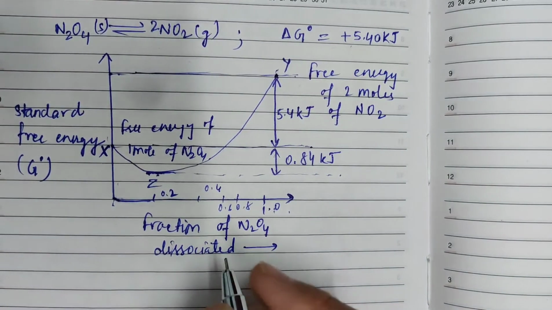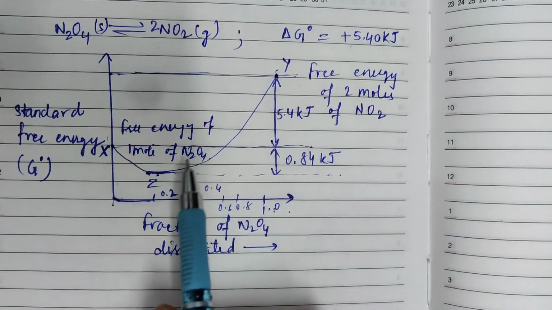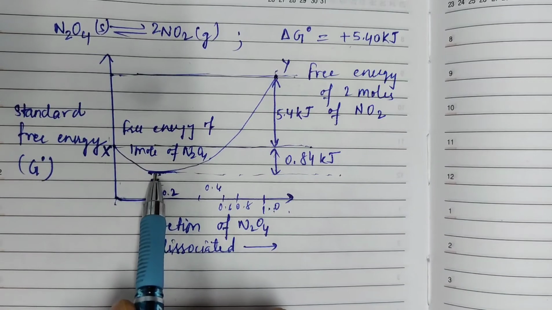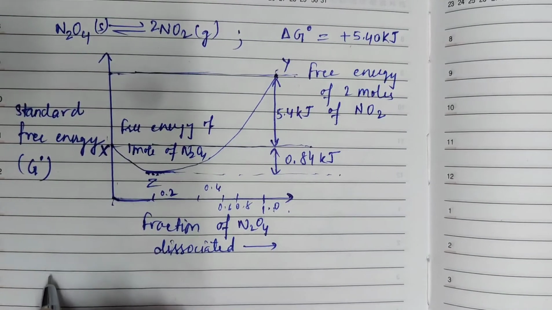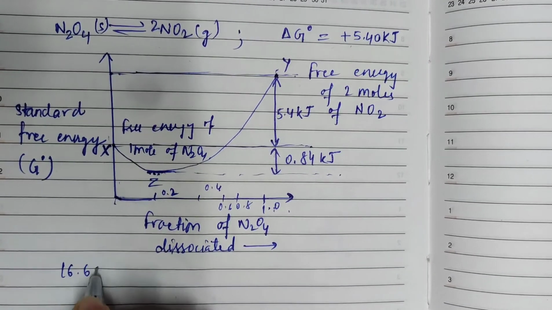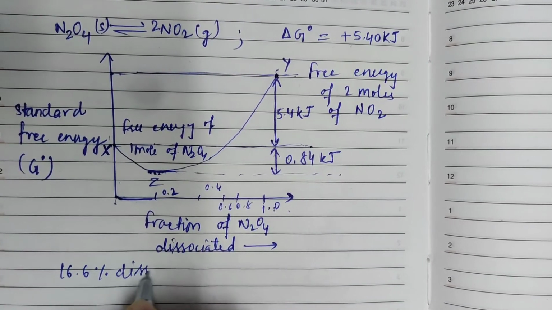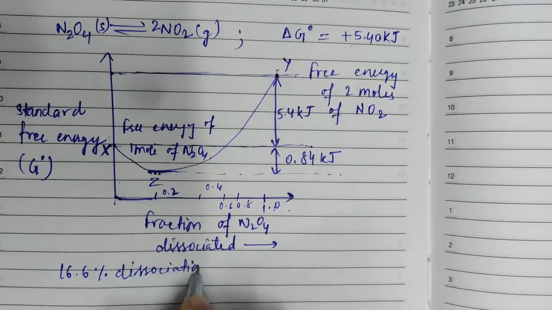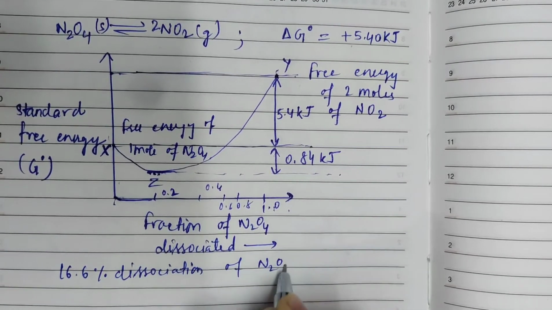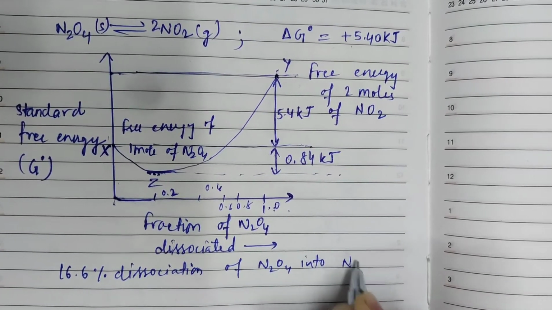Now what is happening? This equilibrium point corresponds to 16.6% dissociation of N2O4 into NO2.